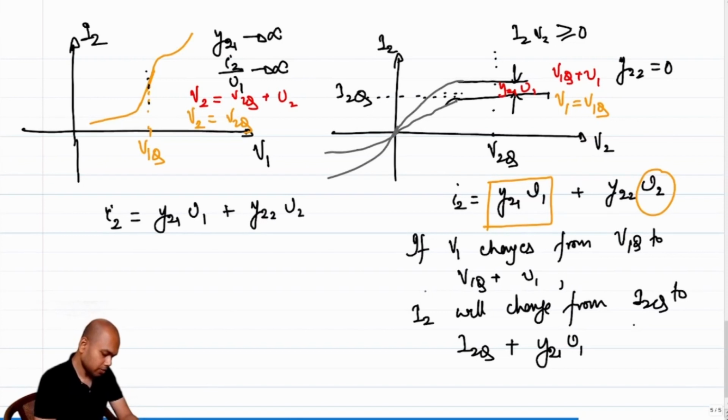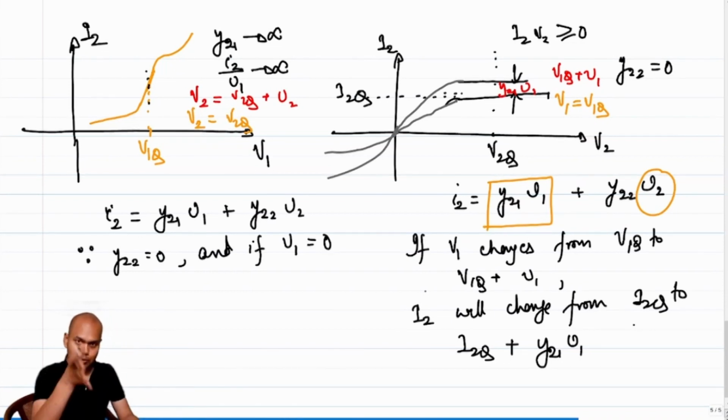What is our Y22? My Y22 is 0. Since Y22 is 0, and if v1 equal to 0, that is, we are sitting at a fixed V1Q, then the change in I2 will also be 0.